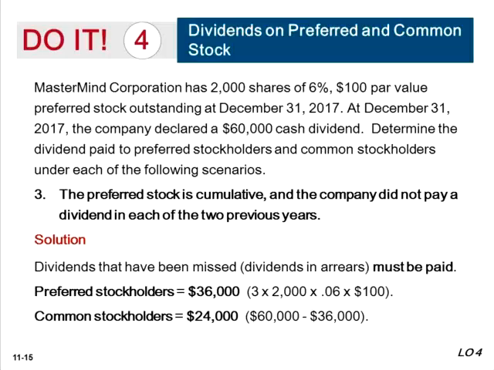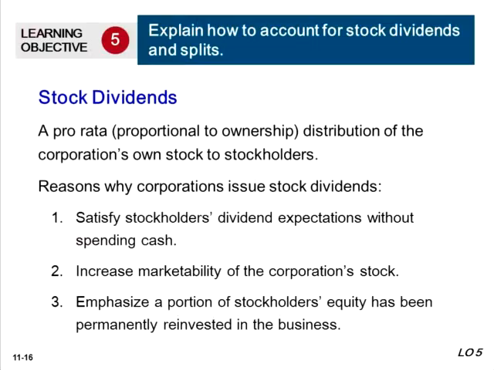Now, 3 years has to be paid. So the current plus the 2 missed years. So if we take the $60,000, which is the total cash dividend, subtract the $36,000 that'll go to preferred, what's left for the common shareholders is $24,000.